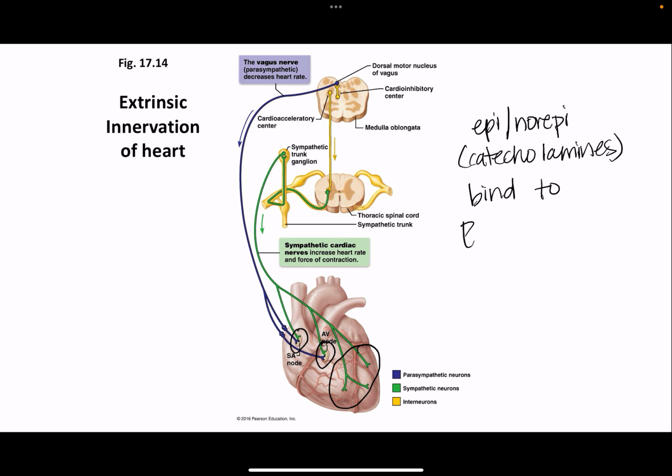Do you remember adrenergic for epinephrine and norepinephrine, and cholinergic for acetylcholine? You should have learned about those receptors in B32. But this is going to come into play when we talk about beta blockers in a few slides.